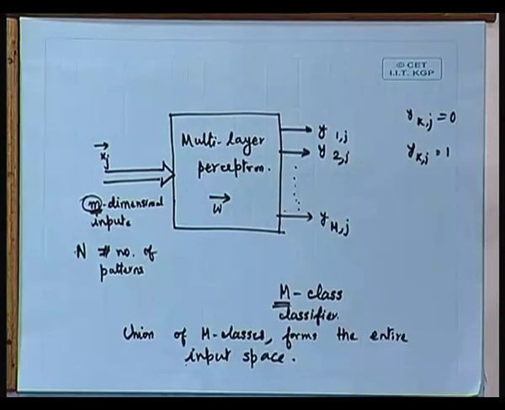Or the other possibility is that, because we do not know what nature the problem is, it is not exactly like a binary, because after all we will be using activation functions like the logistic function or tan hyperbolic, any sigmoidal functions, which are essentially continuous functions. So, it can have values in between 0 and 1 as well, in which case the classification has to be looked upon based on some membership function.